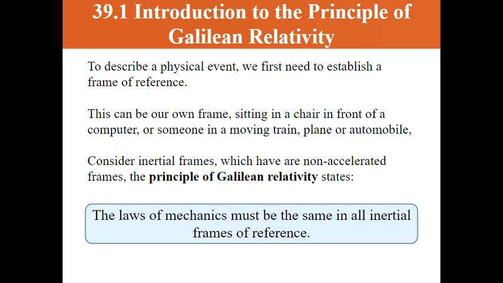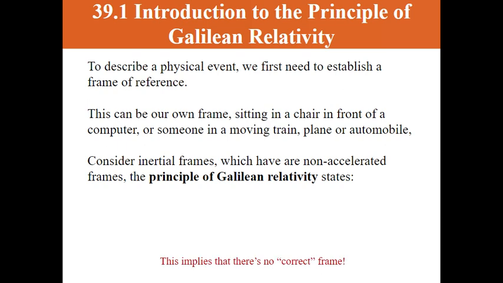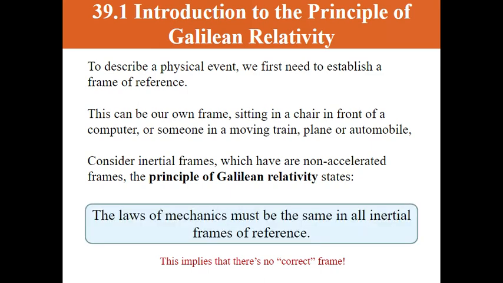That just means that in your inertial frame of the plane or the train, the automobile, or a bird on a tree, or you on the chair, you will all agree that the laws of mechanics are acting as they should, as you all witness the same event from your respective frames. This means that there's no correct frame, exactly. Your observations of an event in an inertial frame are just as valid as someone else's observation in some other inertial frame.